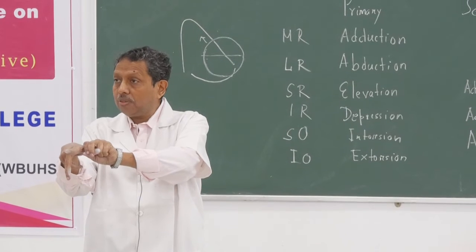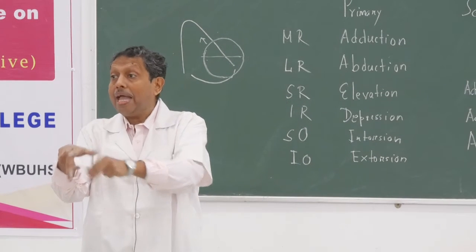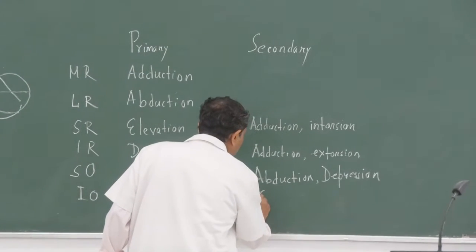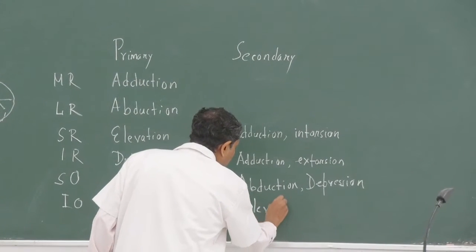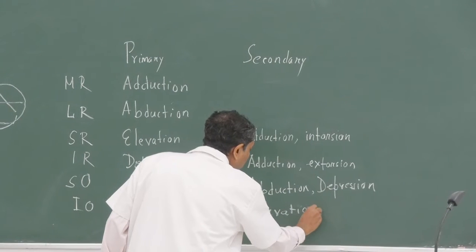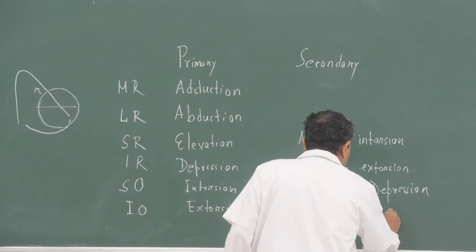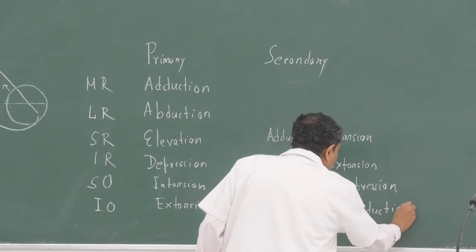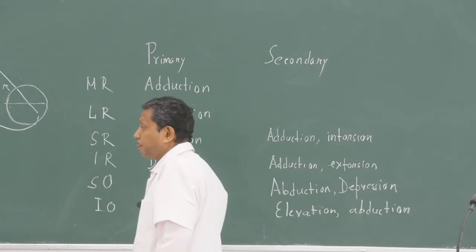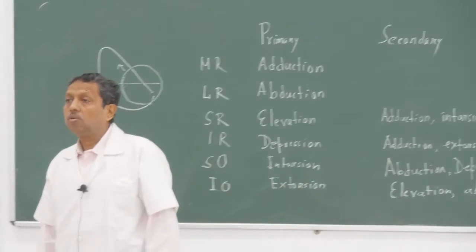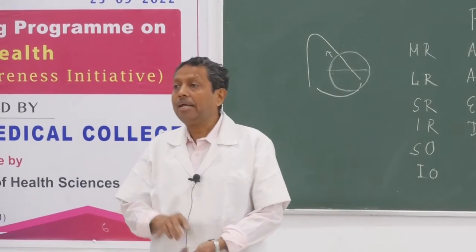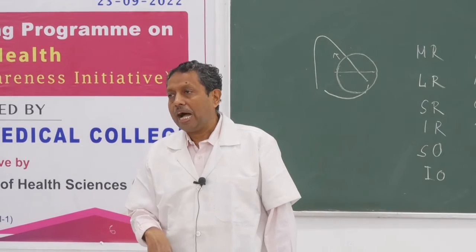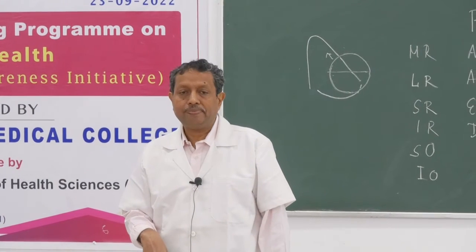In this way there is some elevation, and at the same time some abduction. So these are the patterns of movements, and if you consider them in these three axes, it becomes extremely easy. Otherwise it is very difficult to memorize.